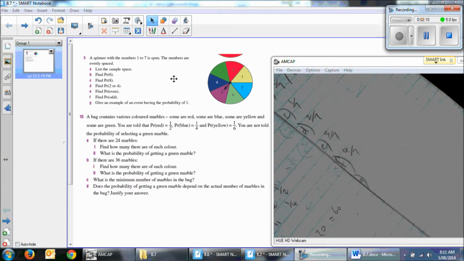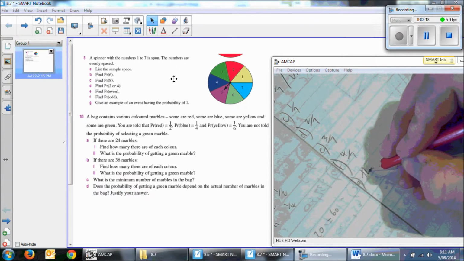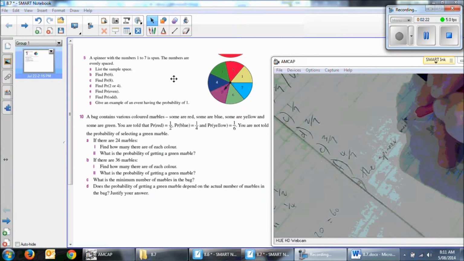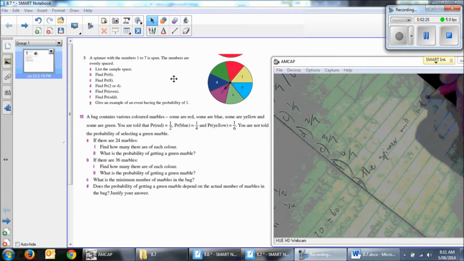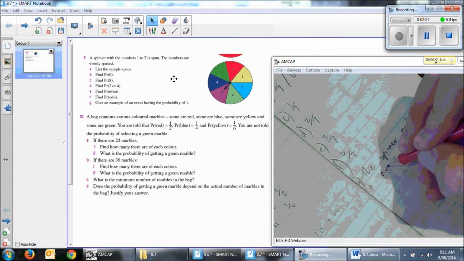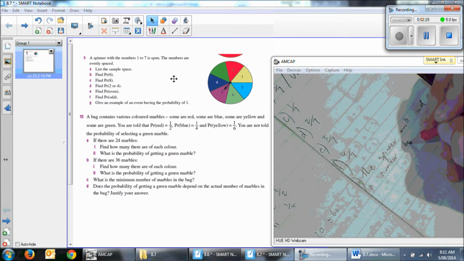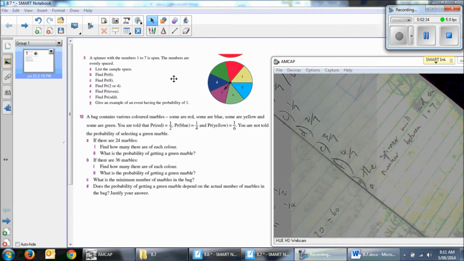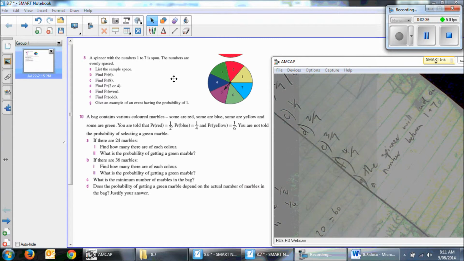So if I can give an example of an event where I'm definitely going to land on any number, I could just say this. The spinner will land on a number between 1 and 7. Okay, that's definitely going to happen. Alright, so that's a probability of 1.